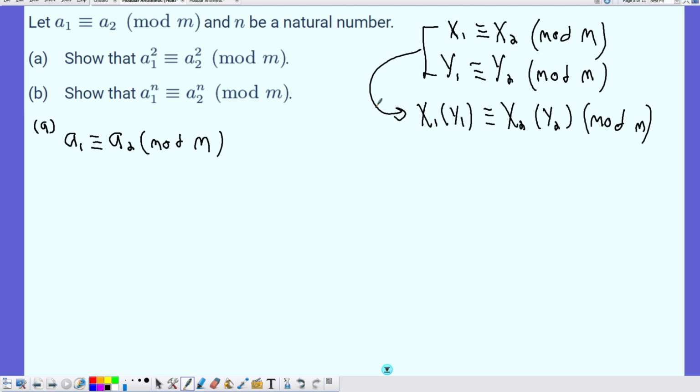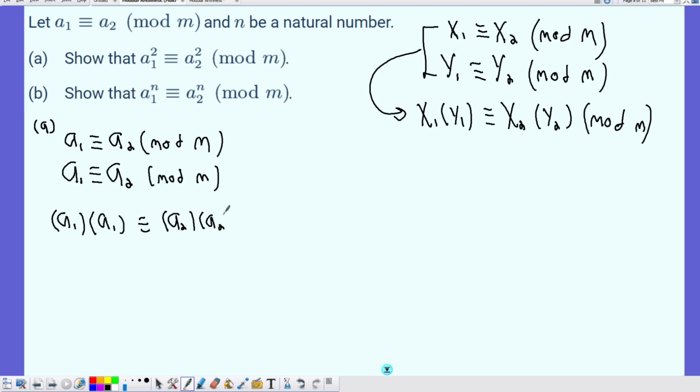Well, I know that a1 is congruent to a2 mod m. So what that means is, if we want to think about it in a really obtuse way, you could say that I know this is true, and I know that this is true, even though I'm writing the exact same thing, mod m. Then I know that the product of a1 times a1 is congruent to the product of a2 times a2 mod m.